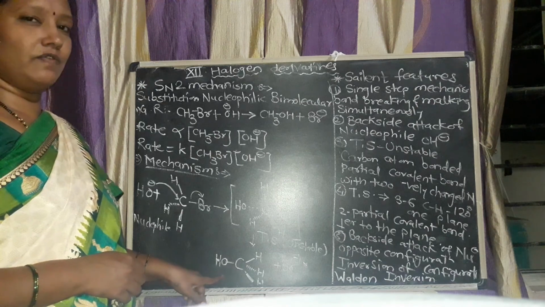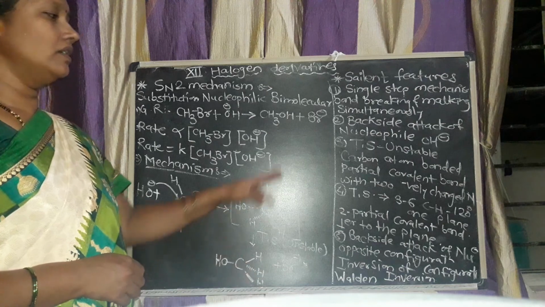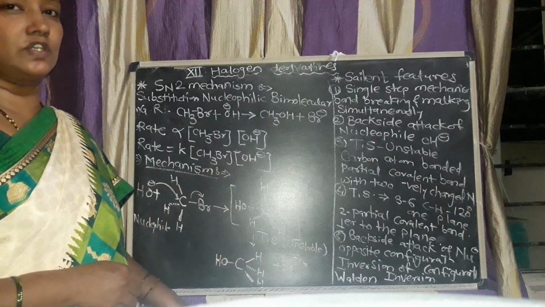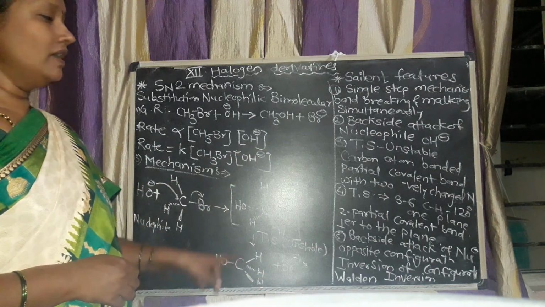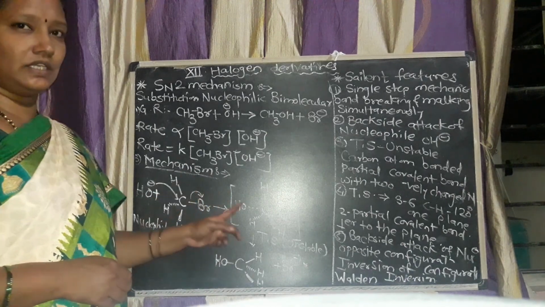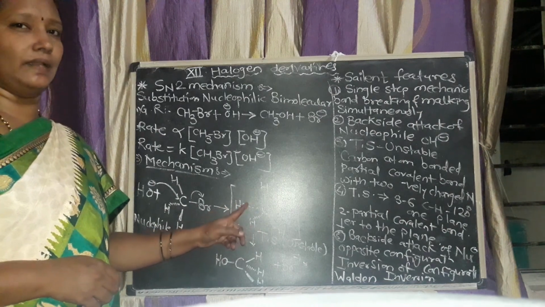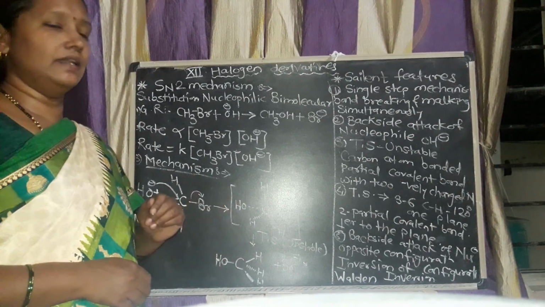Here is the formation of the product methyl alcohol plus leaving group Br minus. Then next, the salient features of this SN2 mechanism. First one, it is the single step mechanism, meaning bond breaking and bond making are both carried out simultaneously.